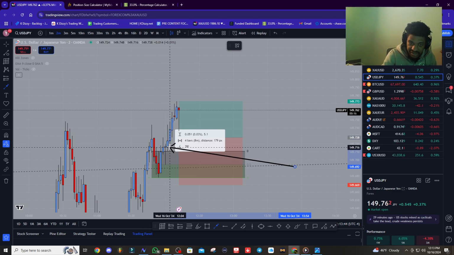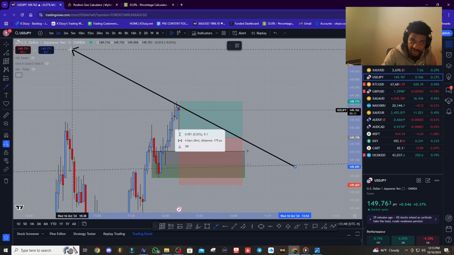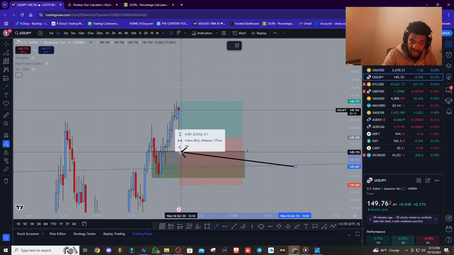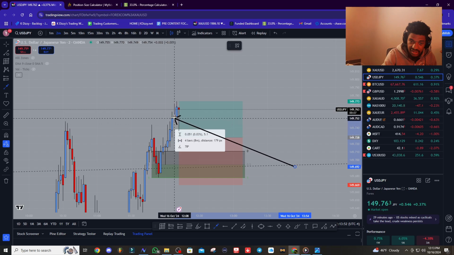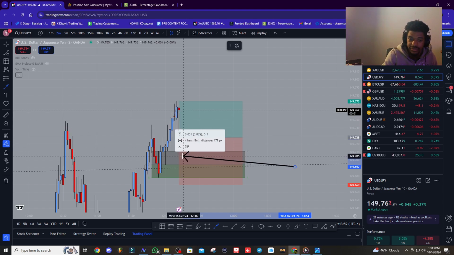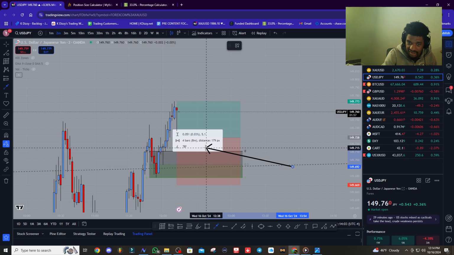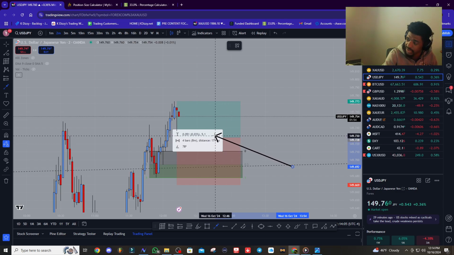I put this candle to this candle, so that's 4 bars, and that's 8 minutes because we're on the 2 minute time frame up here. So 2, 4, 6, 8. All right, so it would have taken 8 minutes to make $760, period.